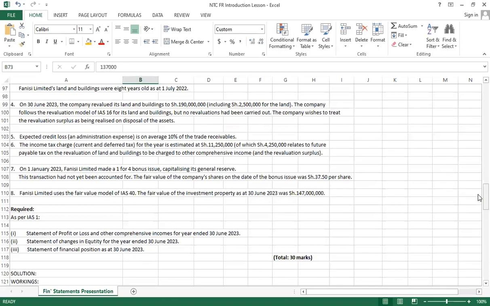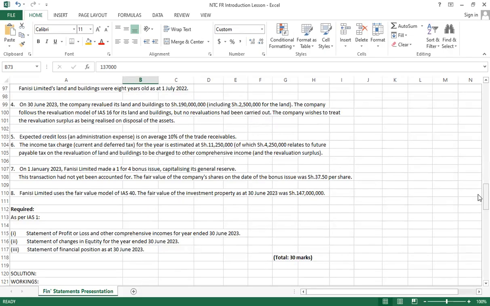One of the most important provisions of IAS 40 is that we value them based on what we call the fair value model. And what the fair value model wants is that at every date you report, you adjust their book value to their fair value.